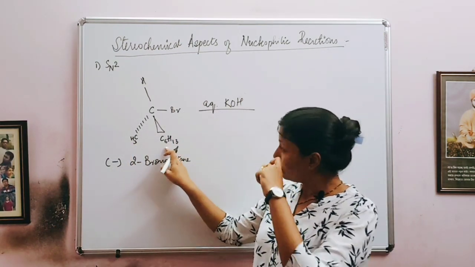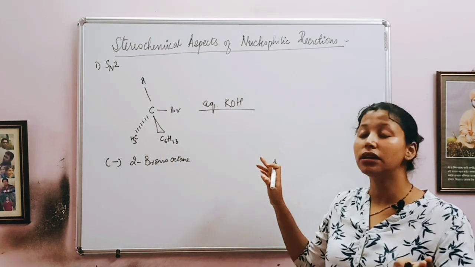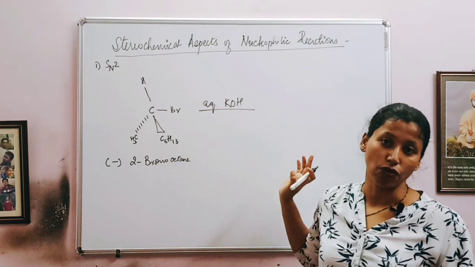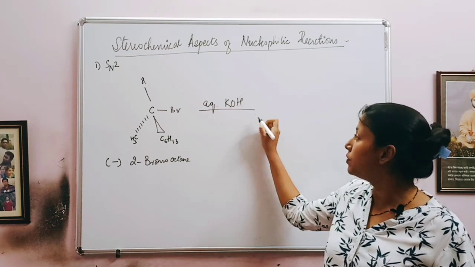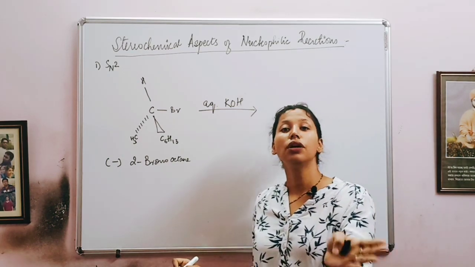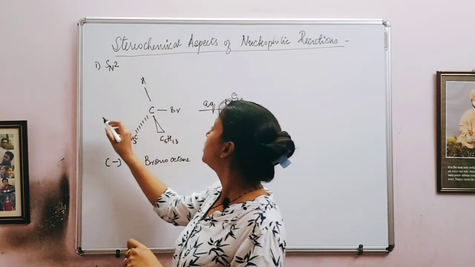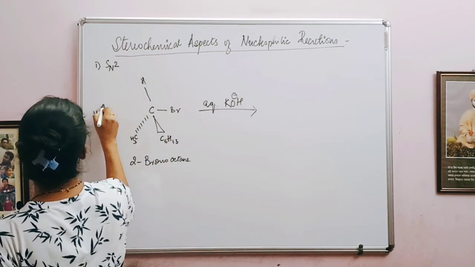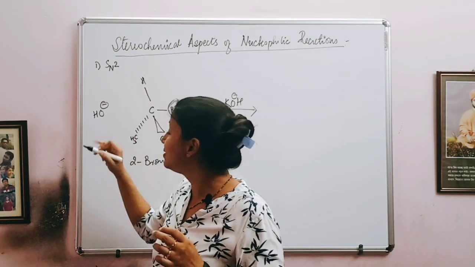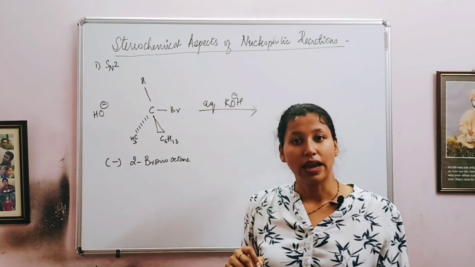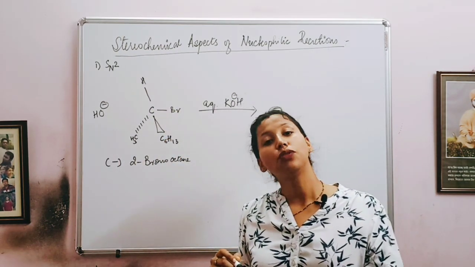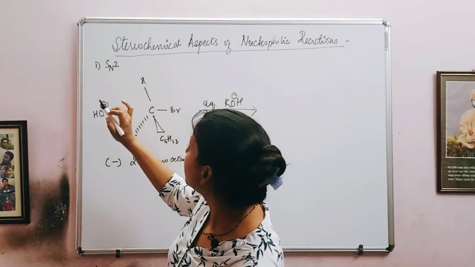Now this molecule I'm treating with aqueous potassium hydroxide. This will lead to substitution. Now OH minus is my nucleophile, and you have seen that in Sn2 reactions the nucleophile attacks from the rear side, that means from the back side.